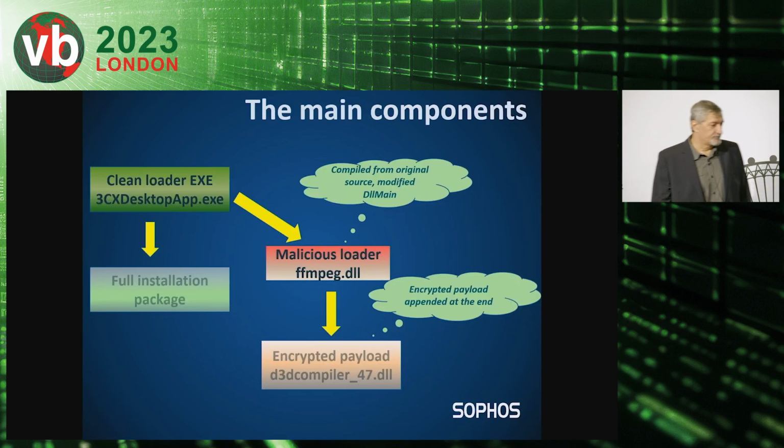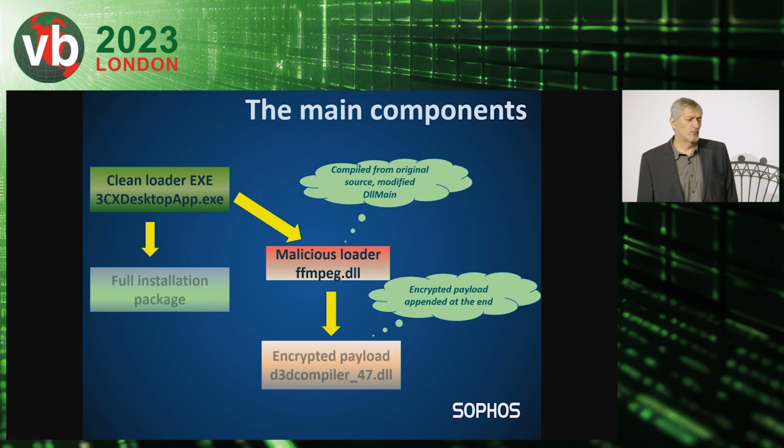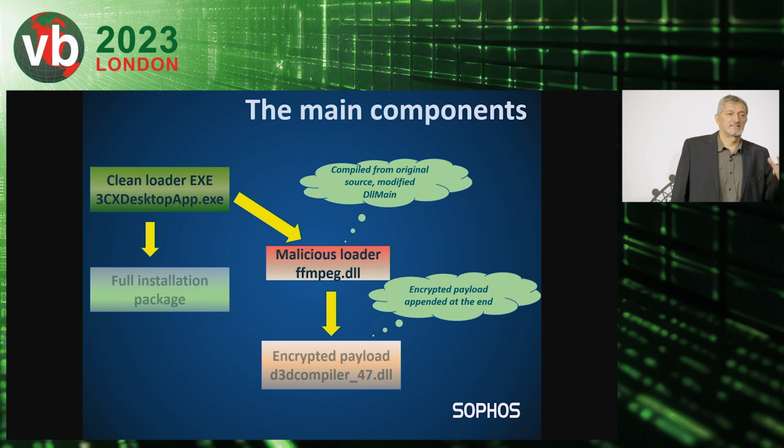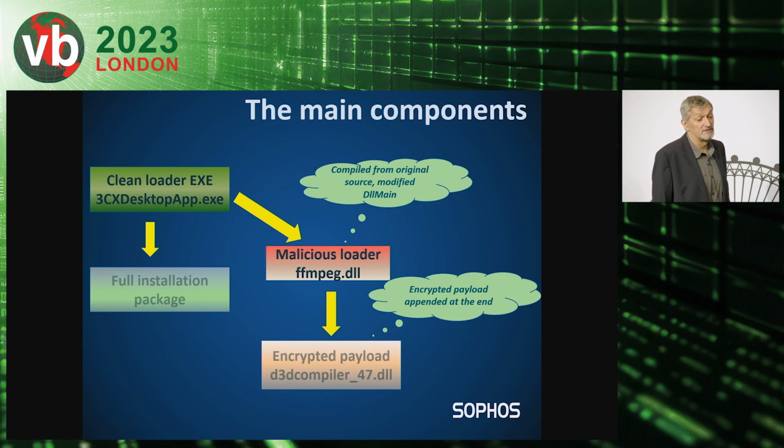So in more detail, the clean loader exe will load the malicious loader, FFmpeg. It is an open source library. The original source has been modified to contain additional functionality in DllMain and repackaged. This additional functionality will load the encrypted payload from the end of another clean DLL, 5.3 CD compiler.